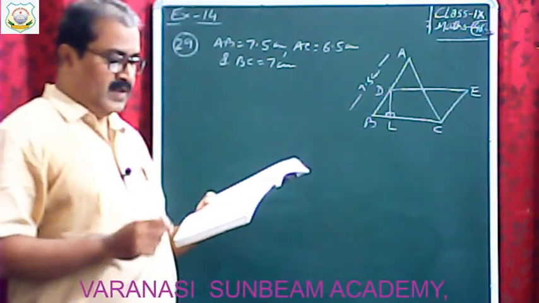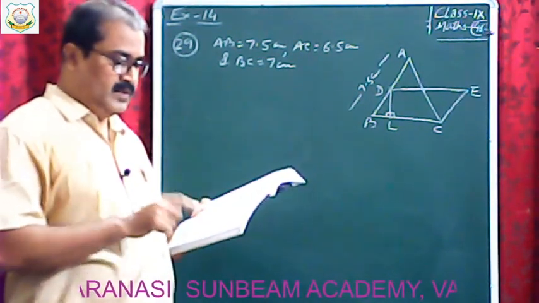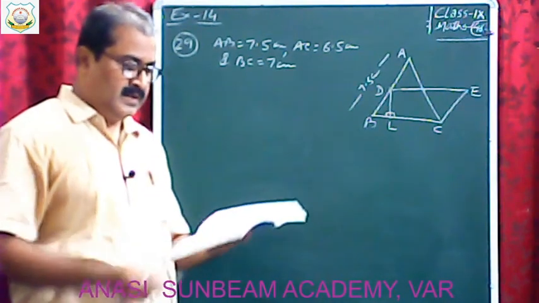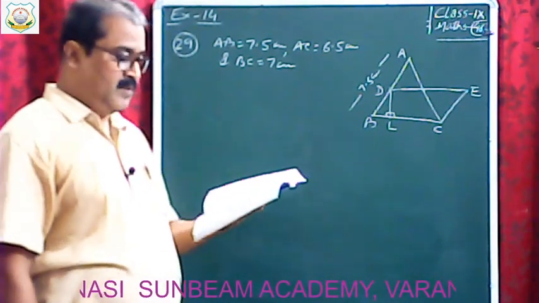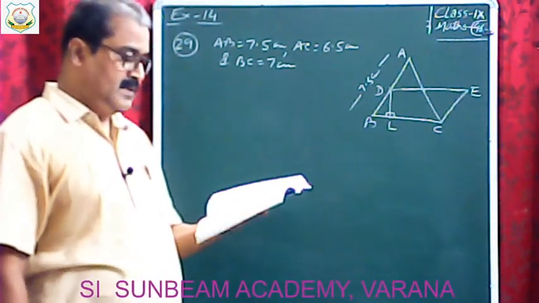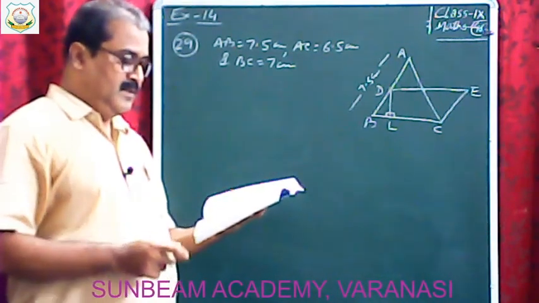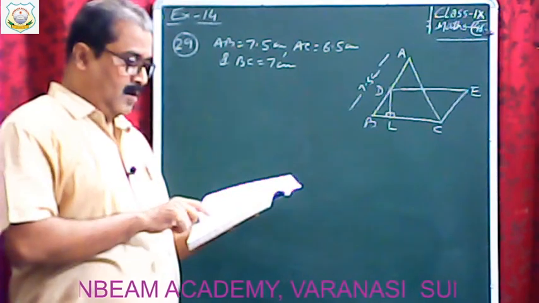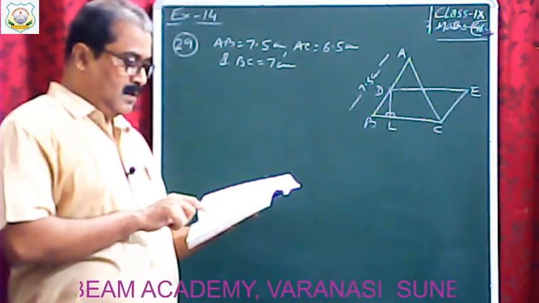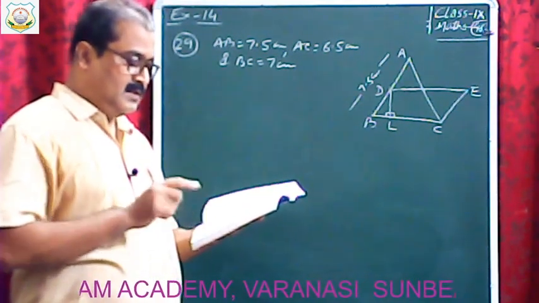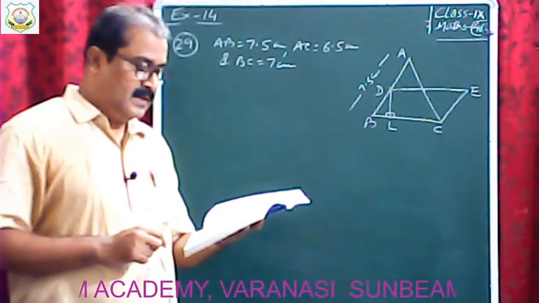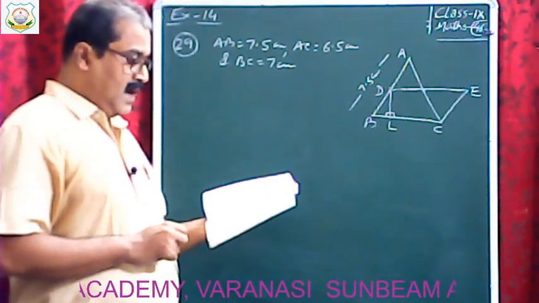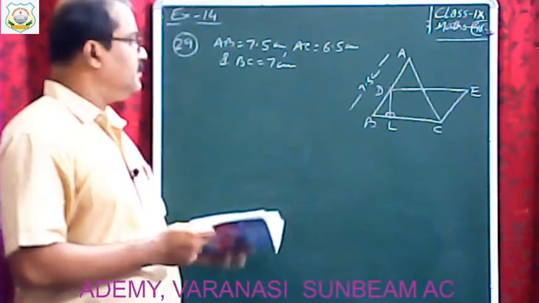In the figure, a triangle ABC has been given in which AB equal to 7.5 centimeter, AC equal to 6.5 centimeter and BC equal to 7 centimeter. On base BC, a parallelogram DBCE of the same area as that triangle ABC is constructed. Find the height DL of the parallelogram.